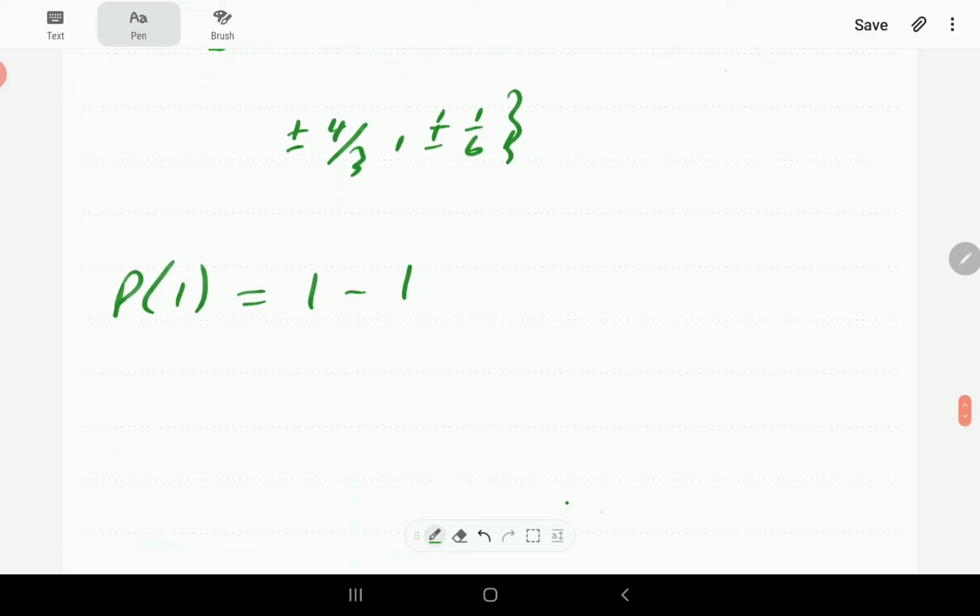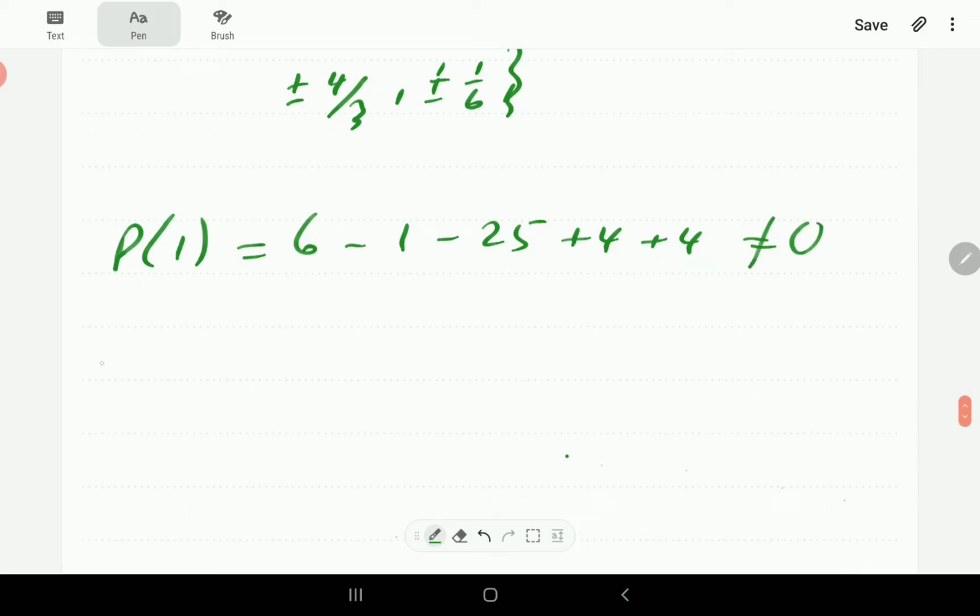So it's going to be 6 minus 1, then minus 25 plus 4 and plus 4. Looking at the negative numbers, it is going to be 26. The positive number is going to be 14. So this is not going to be equal to 0.